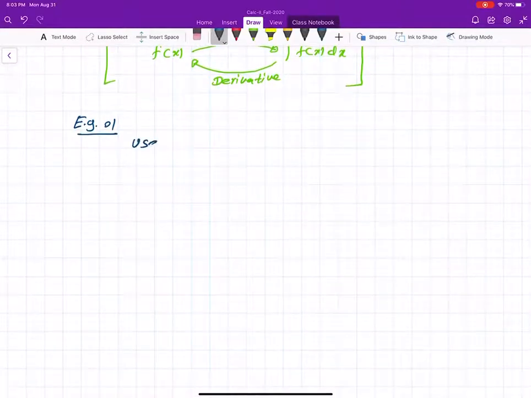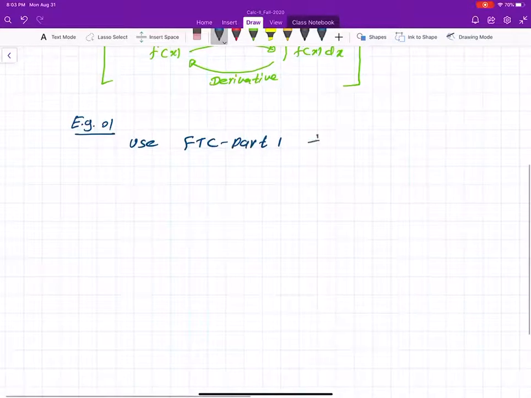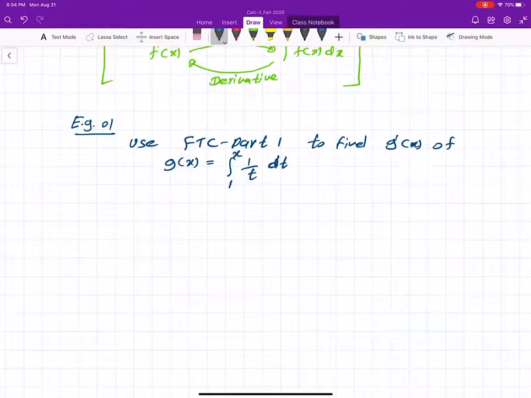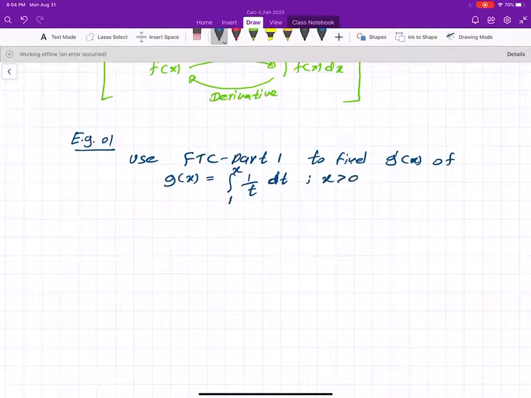Use fundamental theorem of calculus part 1 to find g prime of x of this, integration from 1 to x of 1 over t dt, where x is positive.